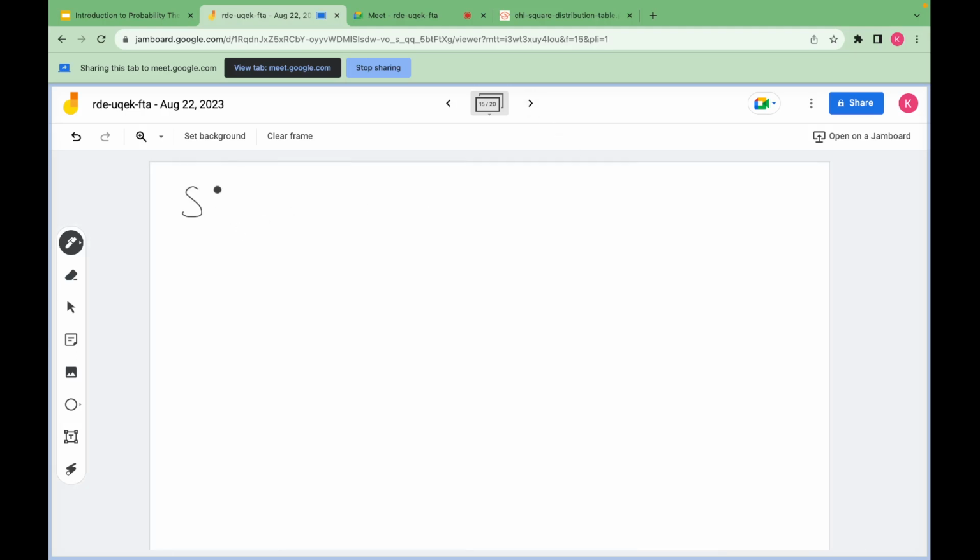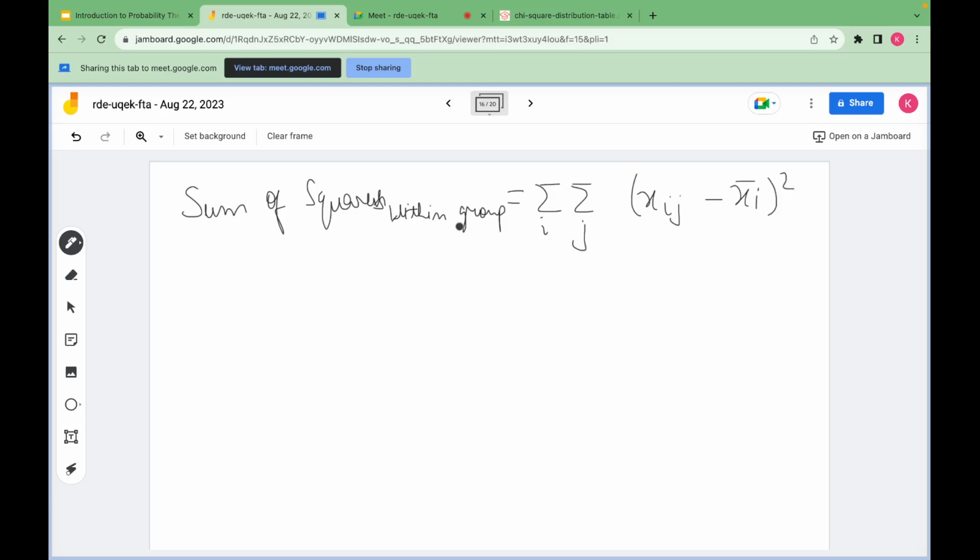Now we calculate the sum of squares within the group.